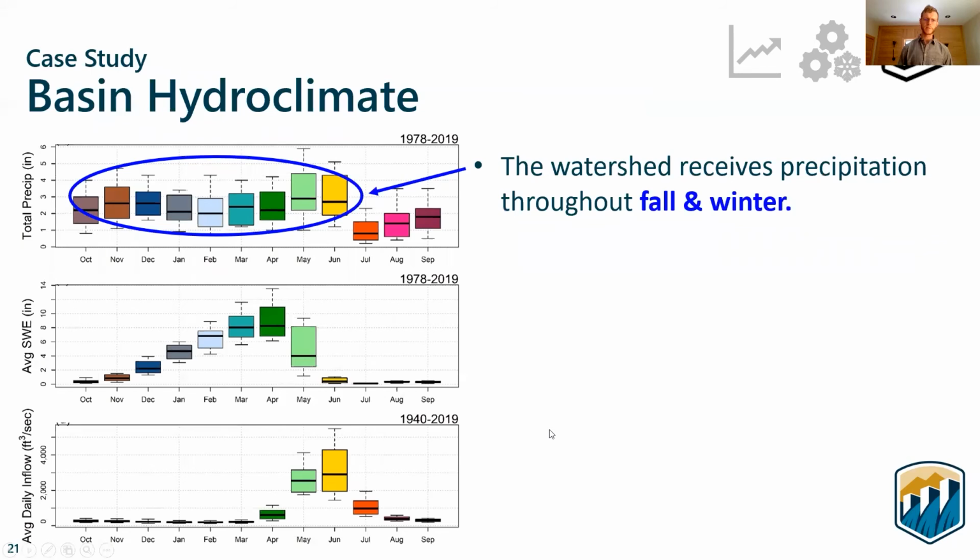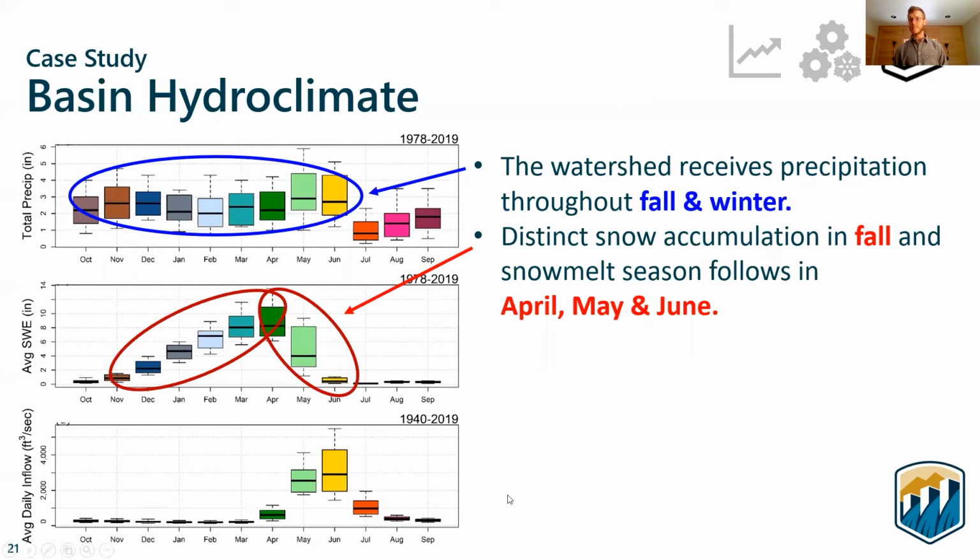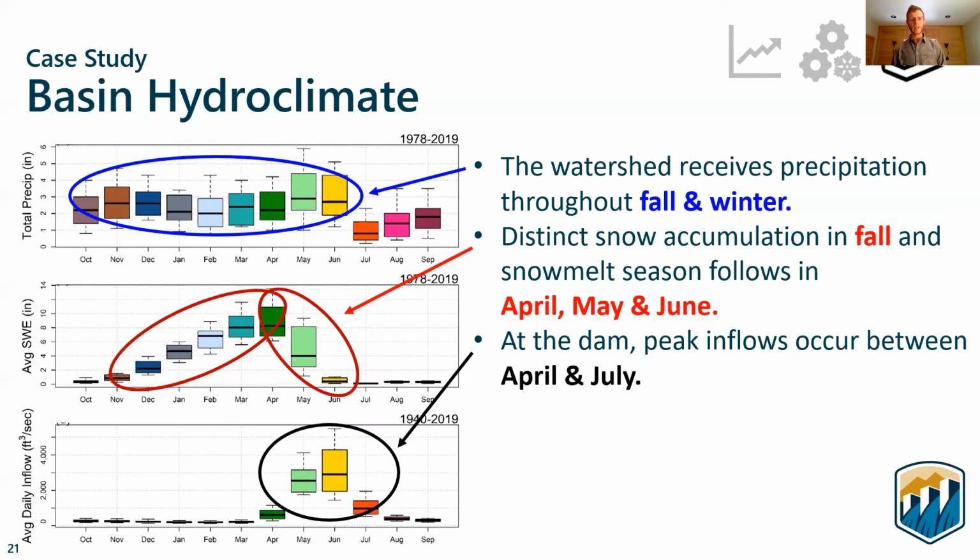The first thing to notice is that precip mostly occurs during the fall and winter. There's a distinct snow accumulation. In the fall, you begin to have increasing snowpack. And then as you get towards spring, April, May, June, you have a very distinct snowmelt season as the snow water equivalent in the basin decreases.